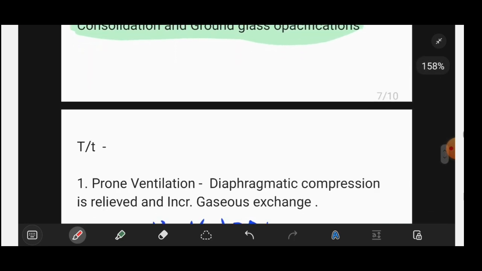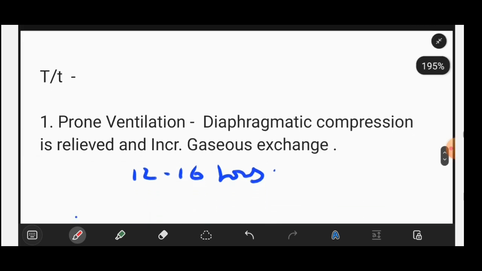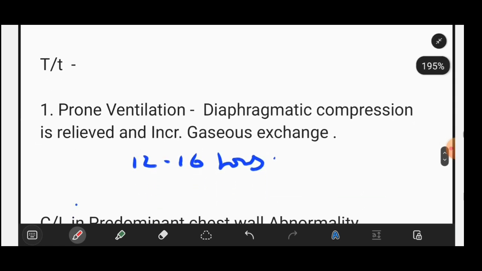Now, what are the different treatment options for acute respiratory distress syndrome? First of all, we can go for prone ventilation. By proning the patient, diaphragmatic compression is relieved and gaseous exchange will increase. So more oxygen is going in.